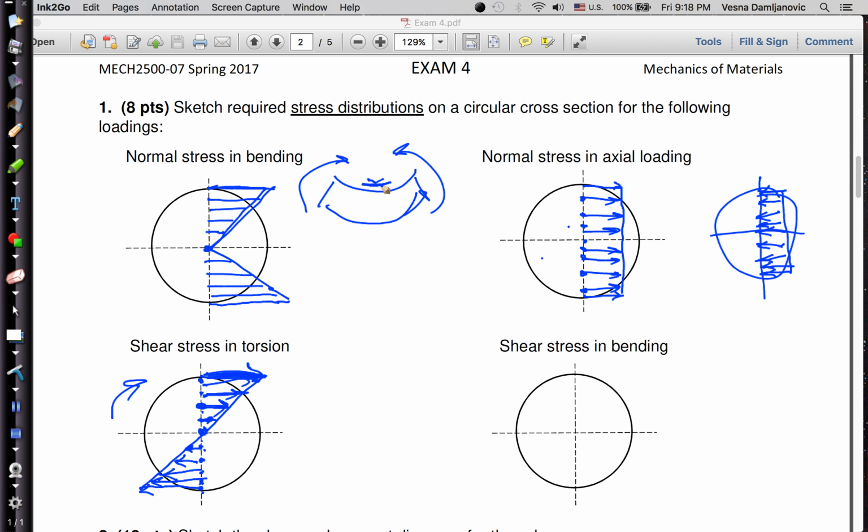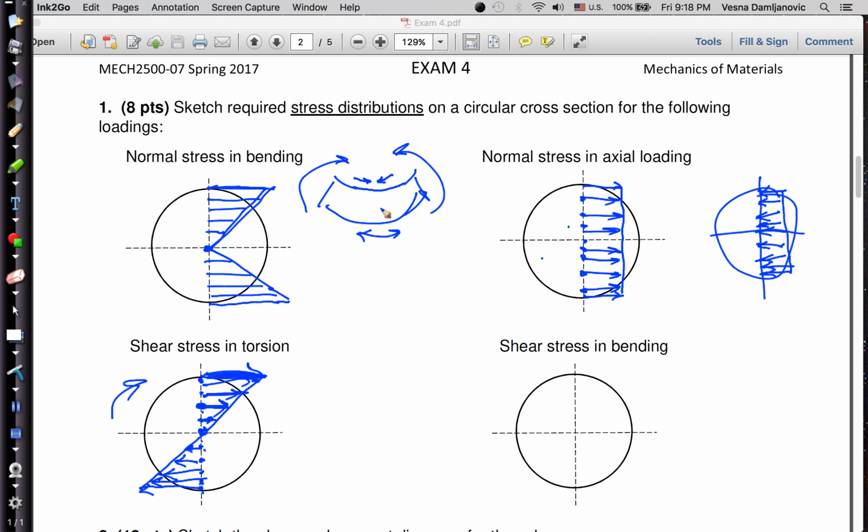So I'm going to draw 2 arrows hitting each other. And it's loaded in tension here, okay? So let me make those little guys up there. Whoops, that's a lot. A little separated. It's in compression here and in tension there, okay?